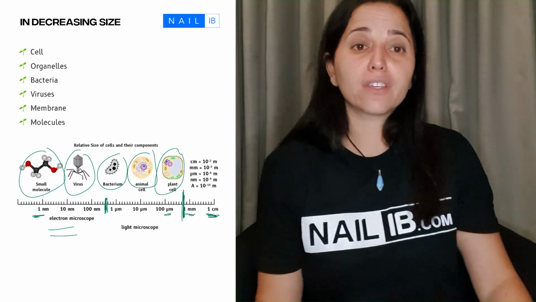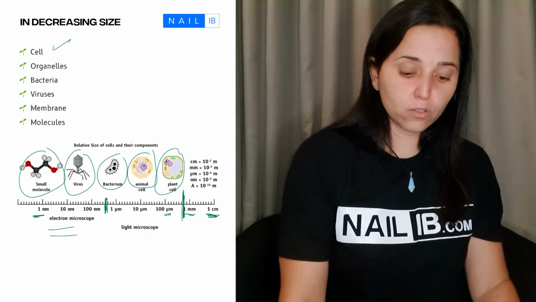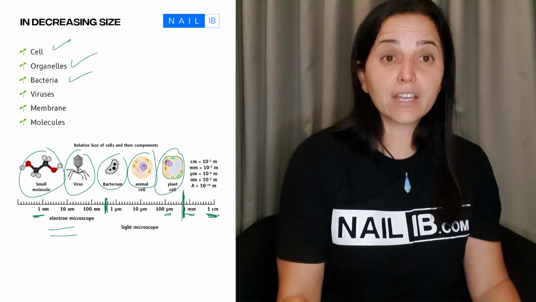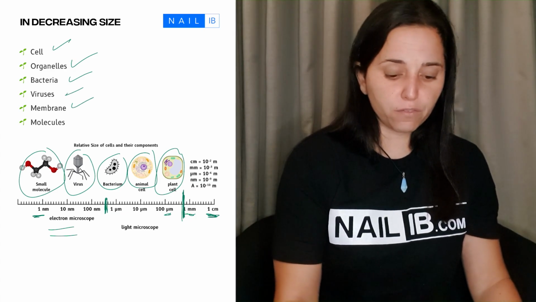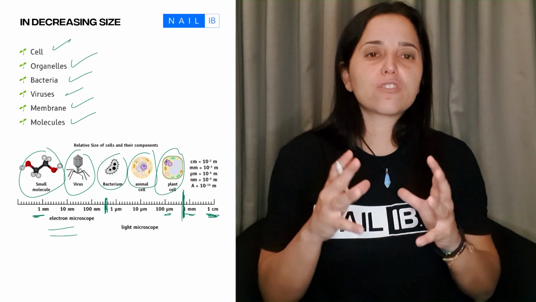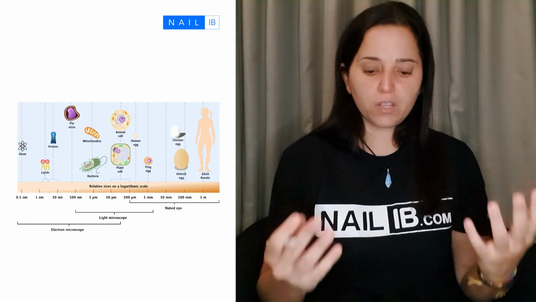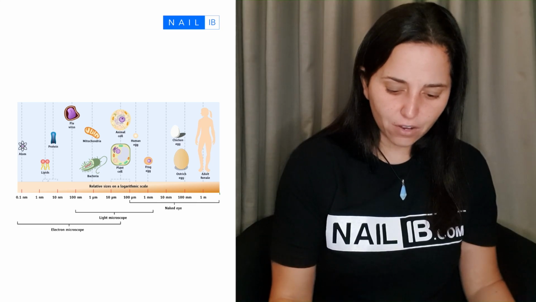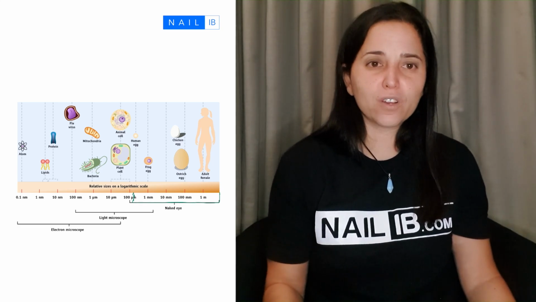Now, since you're talking about this, we can also talk about the sizes. You're going from a cell that is the biggest to the organelle smaller than the cell, bacteria smaller than organelles, virus smaller than bacteria, membrane smaller than virus, and of course, molecule smaller than membranes. So this is just to give you a scope of the sizes. Even better, showing this picture here, which puts a human. So obviously, in this area right here, you can even see a frog egg, but afterwards, you can't.